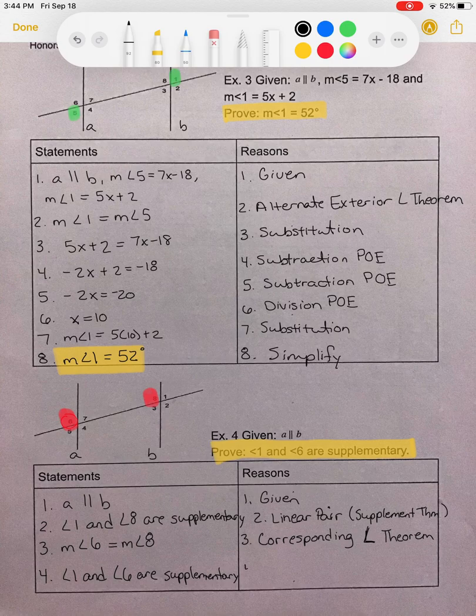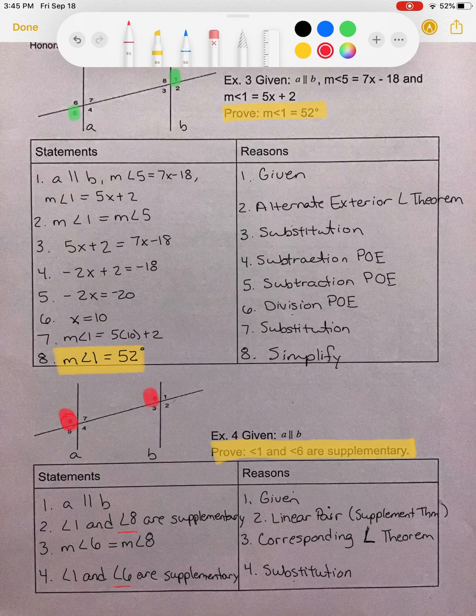And we know that by substitution. So in this problem right here, I said 1 and 8 are supplementary, and 6 equals 8. So where the 8 was, I substituted in the 6. So that was by substitution. Now 1 and 6 are supplementary.